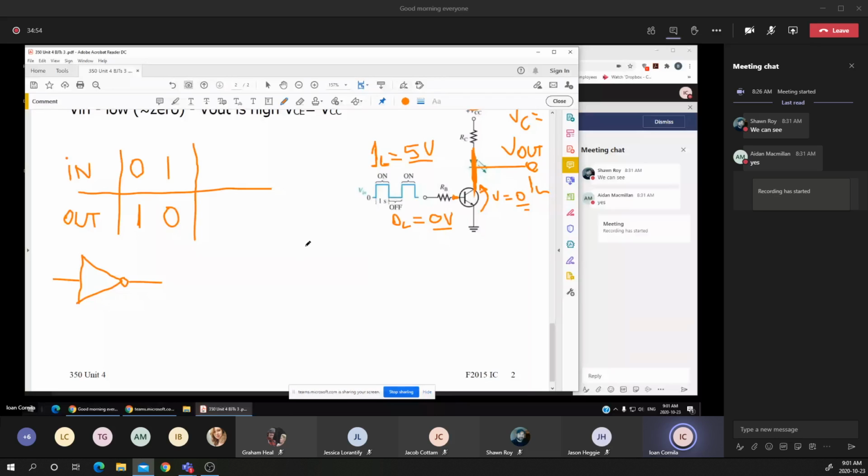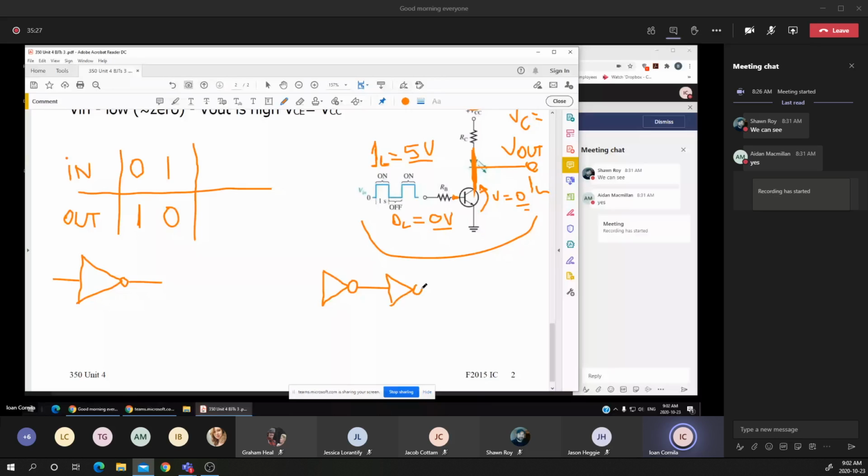But suppose that I have 2 identical circuits connected in series. I have the initial circuit, and I'm adding another circuit. Suppose that, again, I have the first circuit, and I'm connecting the collector of the first to the base of the other circuit.